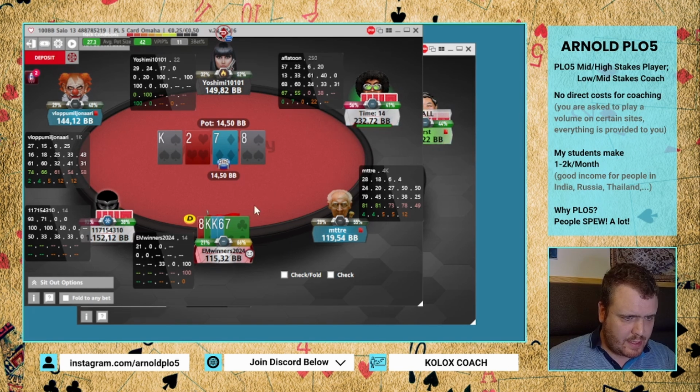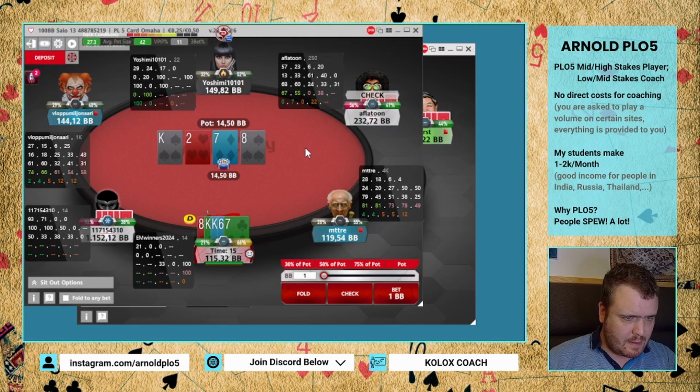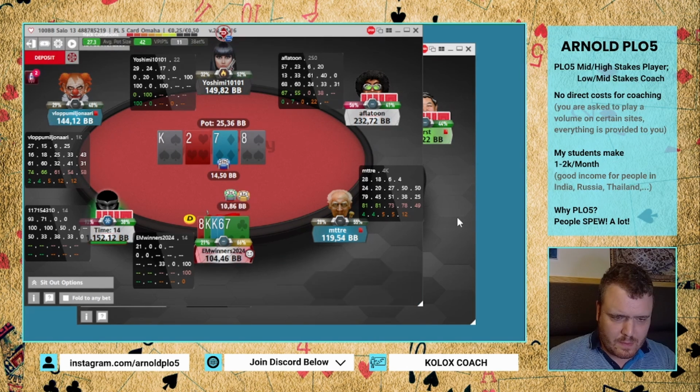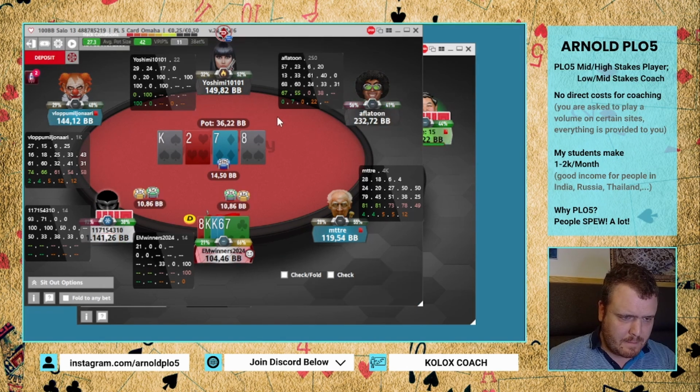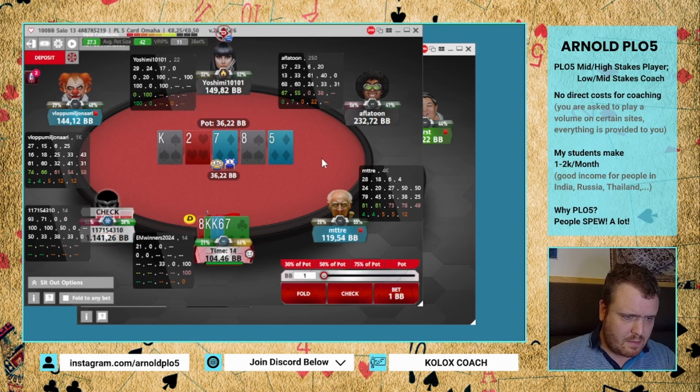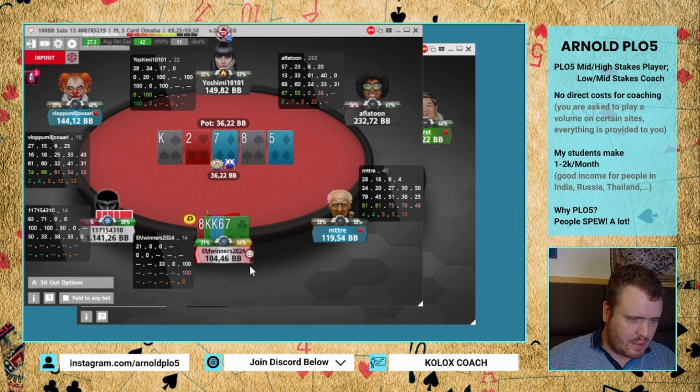Now there's a high chance that somebody has a draw, like a flush draw. But still I block a lot of outs, so 6-9. It's not even good to bet here anymore because he doesn't often have a hand like King 8, King 7 or so.